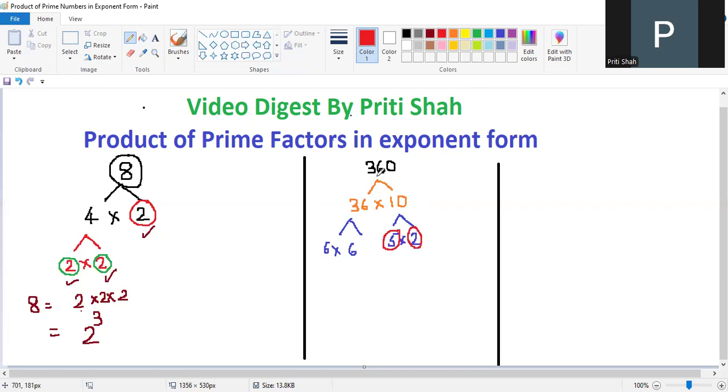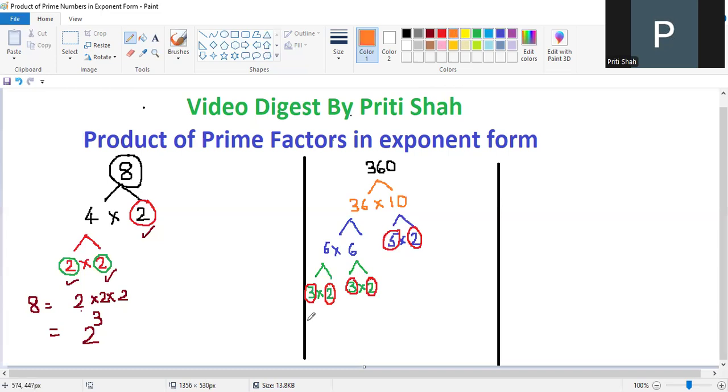So we circle that. Now, again, we go on this side and we can see that 6 can be further divided into 3 times 2. And this 6 can also be divided further into 3 times 2. And now we are going to circle all these, because 3 is a prime number, 2 is a prime number. Same here, 3 and 2. Now, finally, we have converted all the composite numbers into prime numbers.